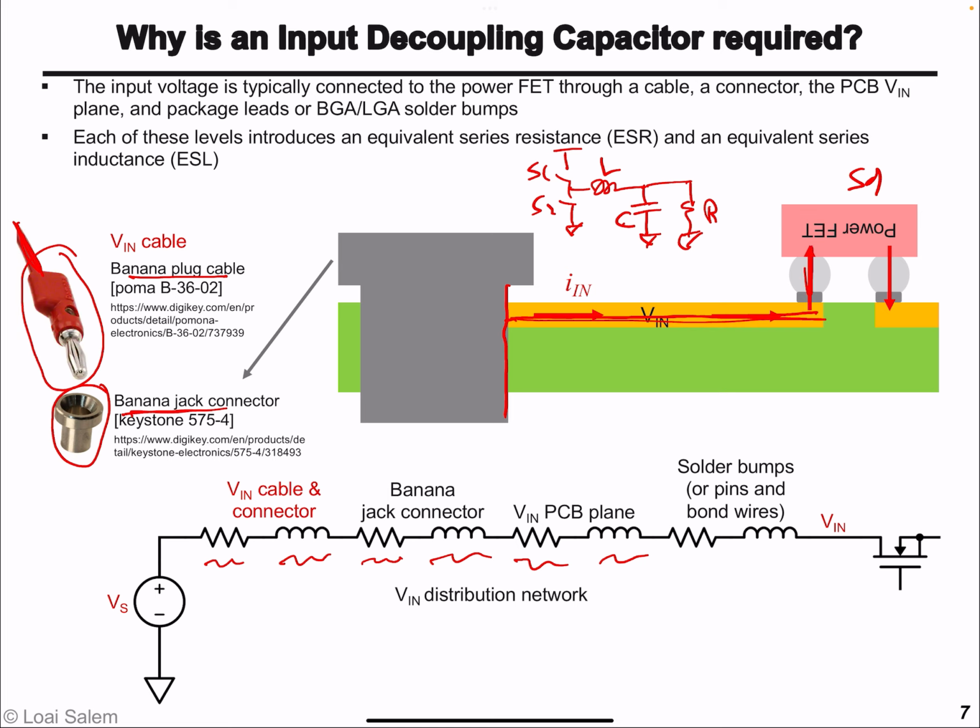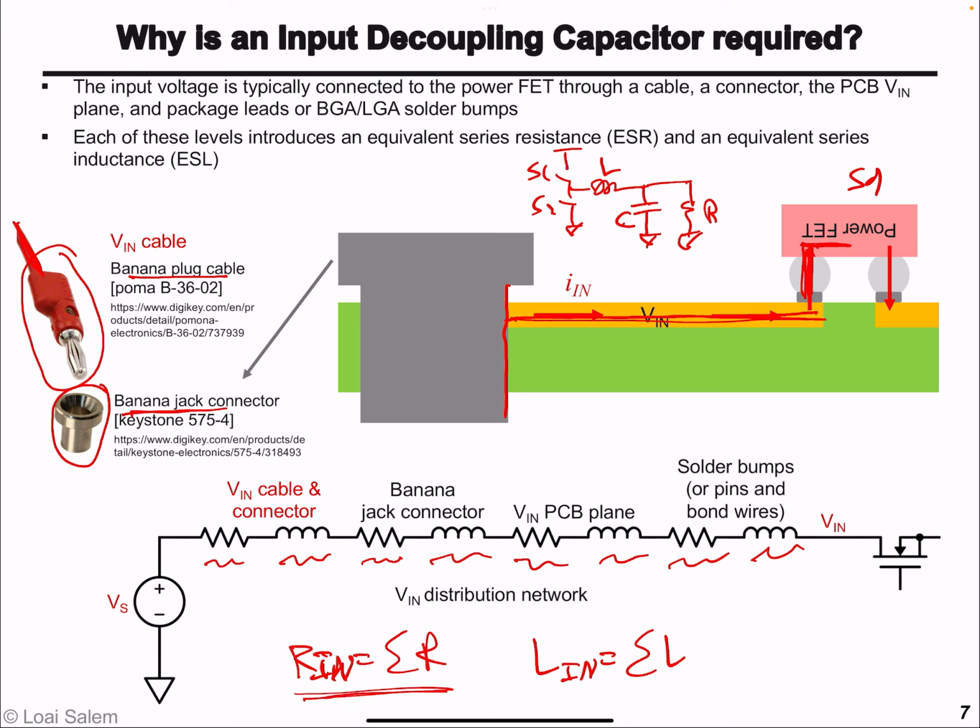And then the packaging of the power MOSFET itself, the pins in the package or the solder bumps if it's a GaN device, is going to introduce equivalent series resistance and inductance. We can add all these resistors together and call it the equivalent input resistance, and add all these inductances together and call it the equivalent input inductance.